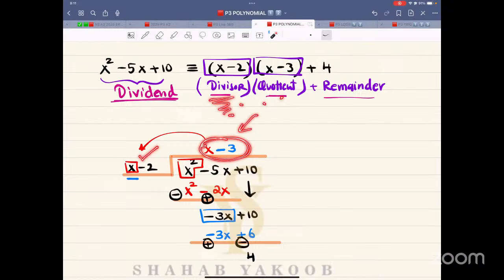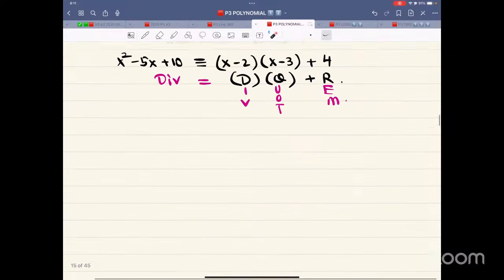When you multiply it out, if the remainder was 0, you would add a 0. If the remainder is not 0, you would add a 4. So in this case, the 4 was the remainder. These two multiplied together plus this gives you the dividend. So remember this equation. Sometimes they ask you to write it out.